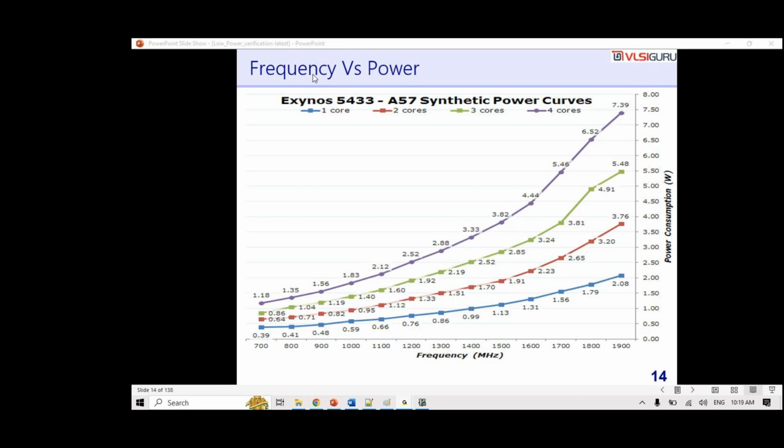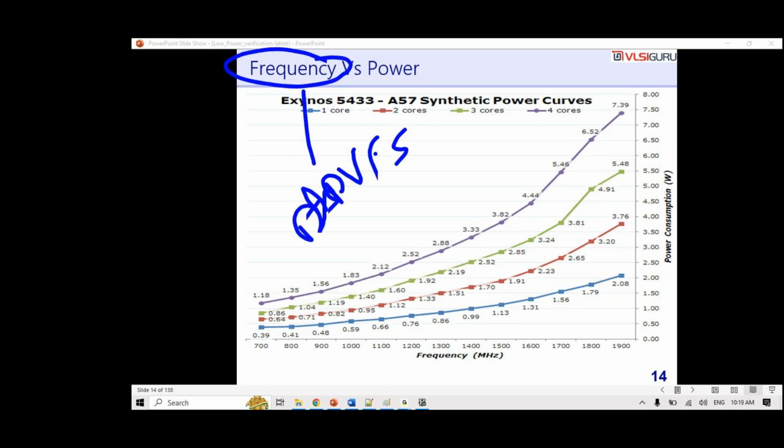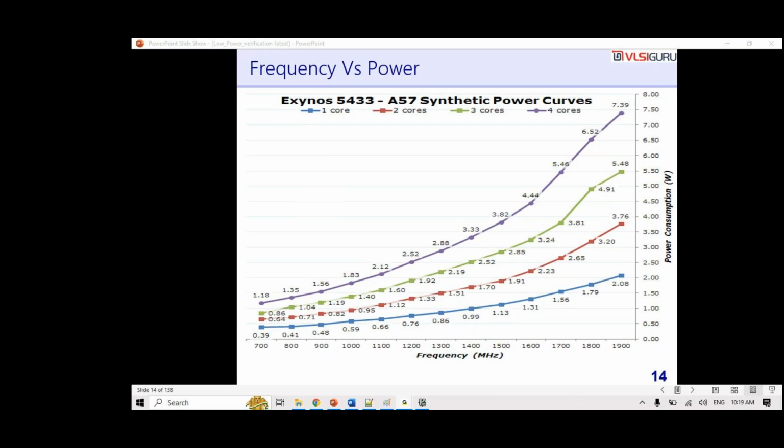So now what has been done to address it? That is where you will come across techniques called DVFS, dynamic and adaptive voltage and frequency scaling, where when the application doesn't require high performance, we can reduce the operating frequency and we can reduce the operating voltage to ensure that the power consumption is reduced.